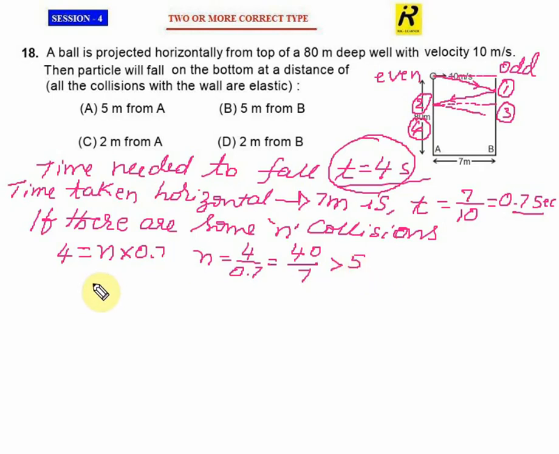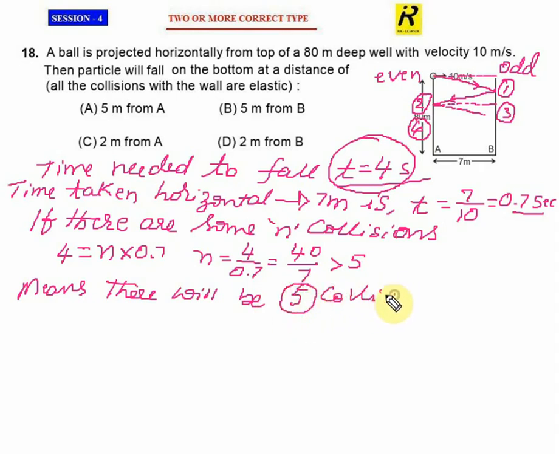That means there will be 5 collisions before the fall.